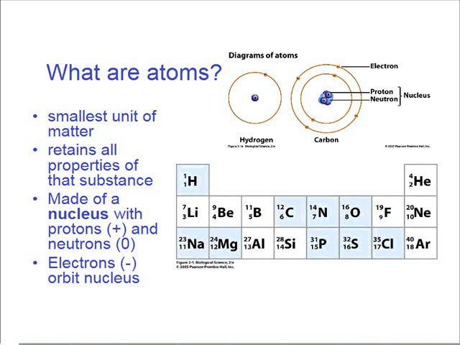So starting out with atoms, if we look at any kind of element on the planet, let's take aluminum for example, and we took a chunk of aluminum and we started to take that cube and divide that cube up into smaller and smaller and smaller pieces.